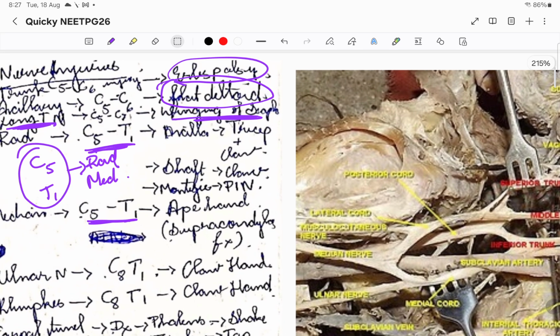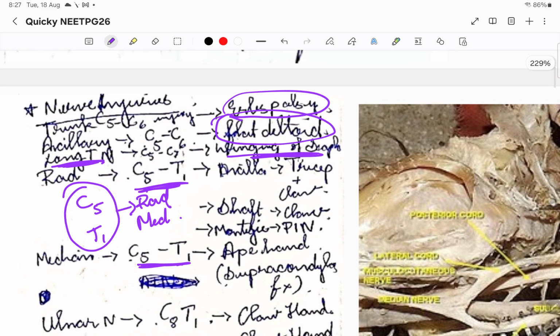They won't ask you about the damages of the roots, but rather they'll ask you what is the root of these nerves. That is why I told you C5 to T1, if they are discussing, it is going to be radial nerve or median nerve. If radial nerve gets damaged in the axilla, we are gonna see something known as claw hand.